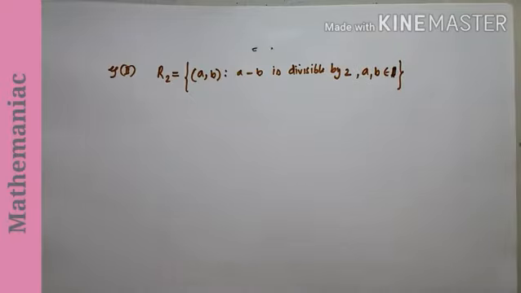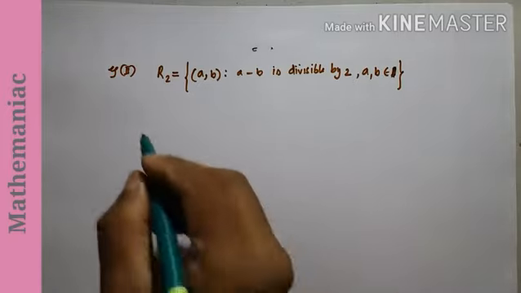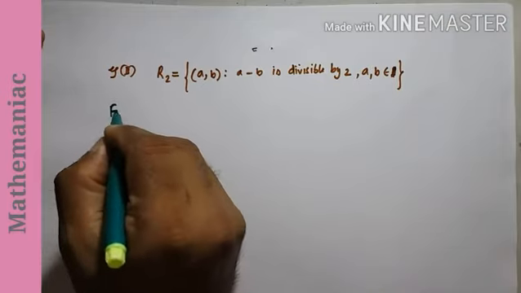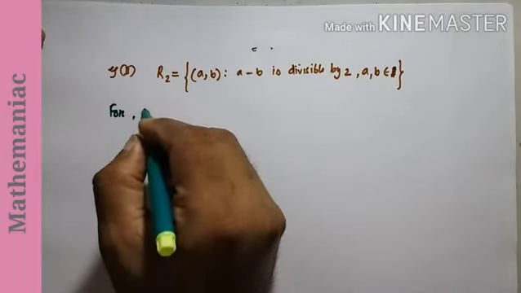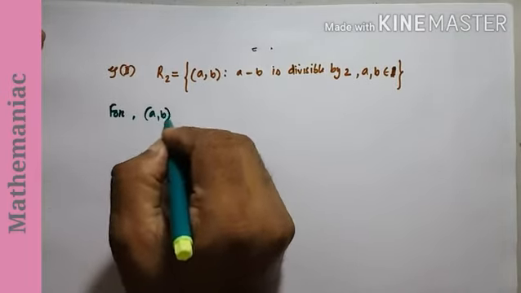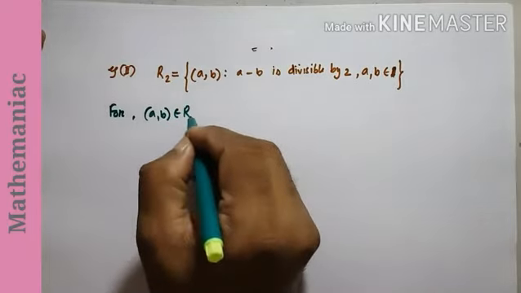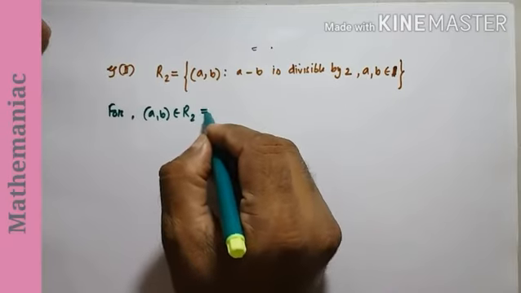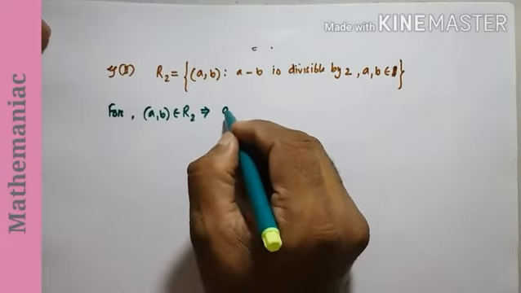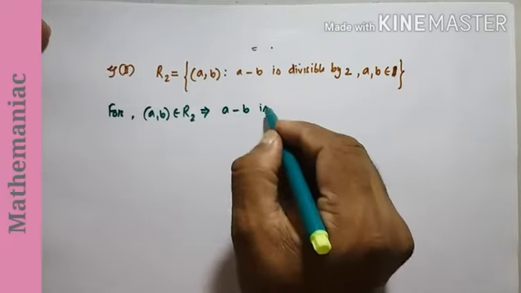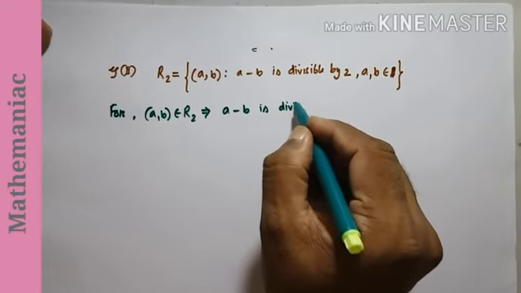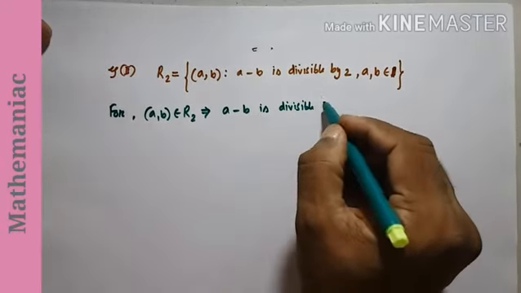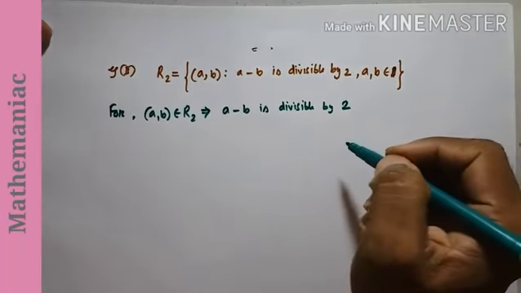So now we have to see whether this particular relation is symmetric or not. So let us try. For (a, b) belongs to R2, what we should get? a minus b is divisible by 2.